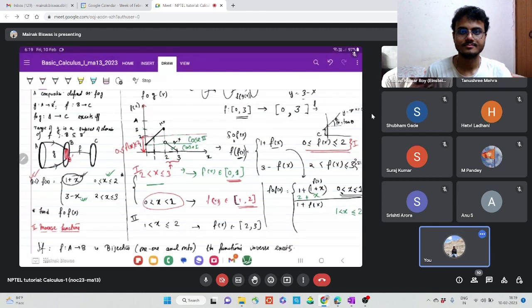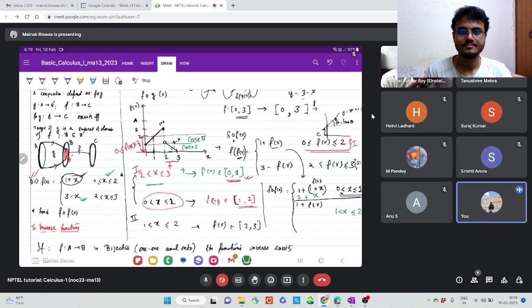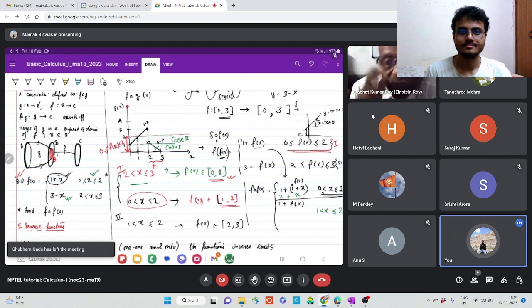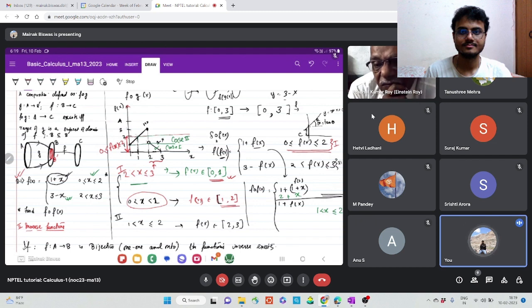I think there's a problem here. Nobody pointed this out. So between 0 and 1, which part of the function does it take? This is f of x between 0 and 1, right? f of x between 0 and 1 means x is between 2 and 3. This is why there's been a problem.